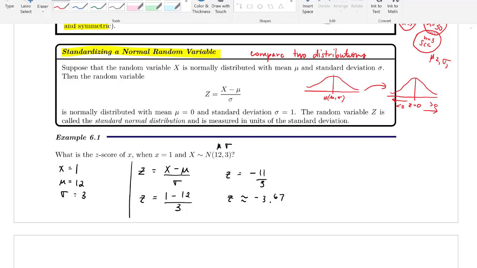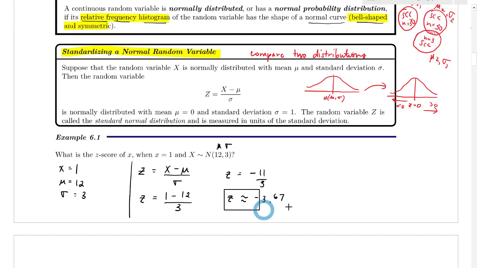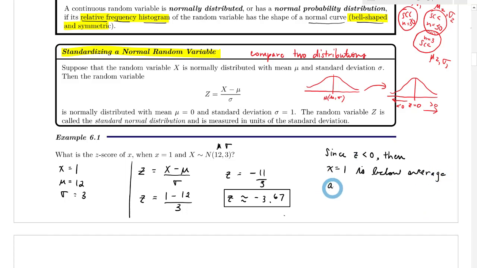Okay, so what does this mean exactly? z is negative. What would that mean? Just as a note, since the z-score is negative, then x equal to 1 is below average and to the left of the mean.